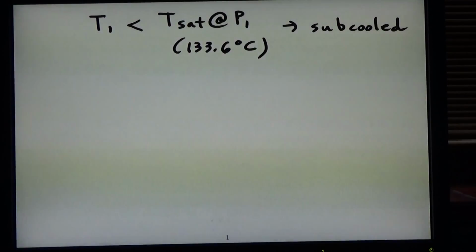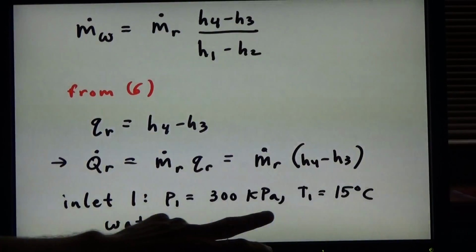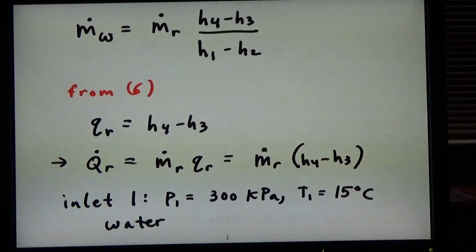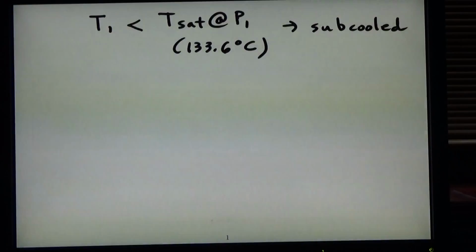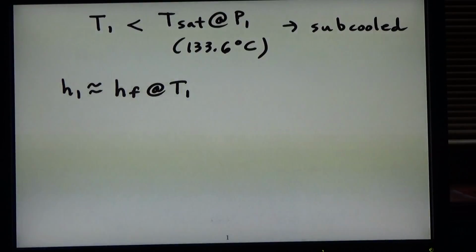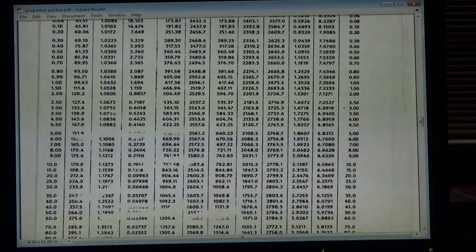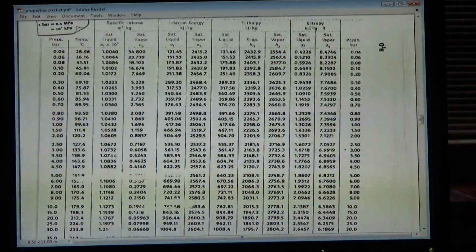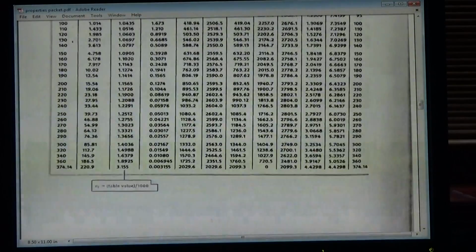So state 1 is subcooled, and our pressure 300 kPa is too low to be in the subcooled tables. So we can get an approximation for the property value that we're interested in. We can say H1 is approximately equal to H sub F at T1. So looking up H sub F at T1, we'll need to go up into the temperature table.